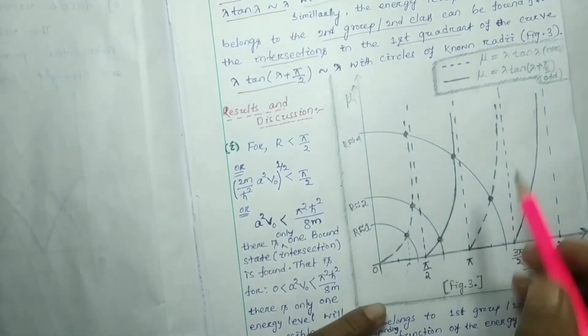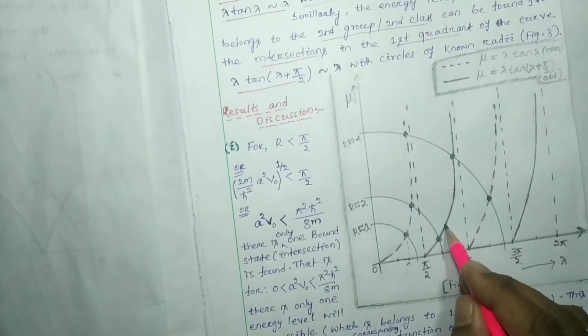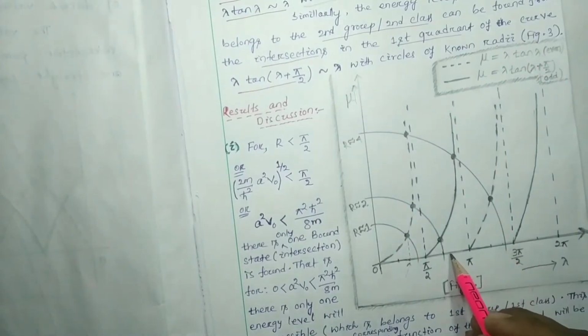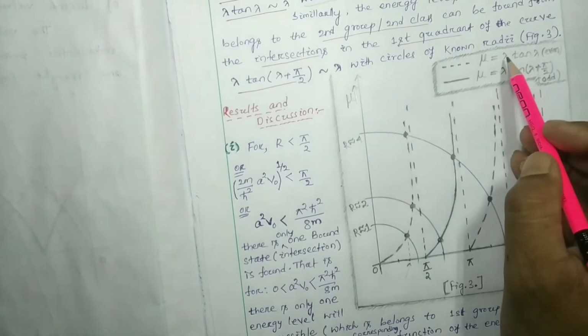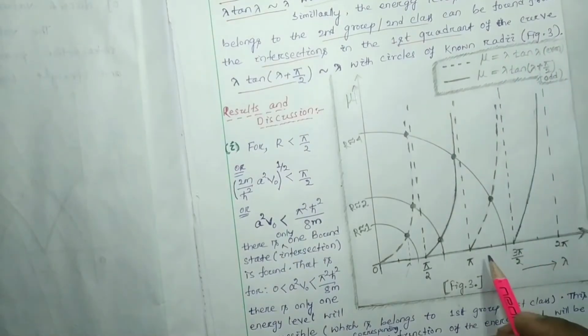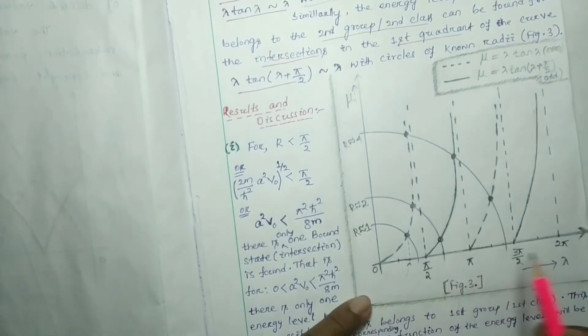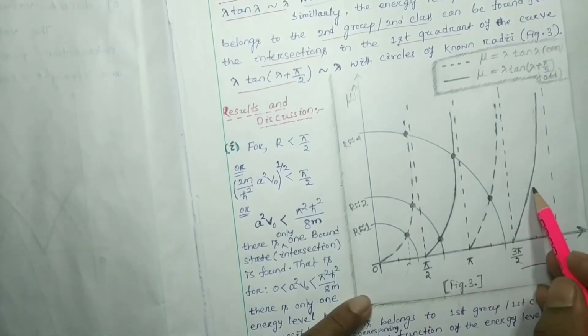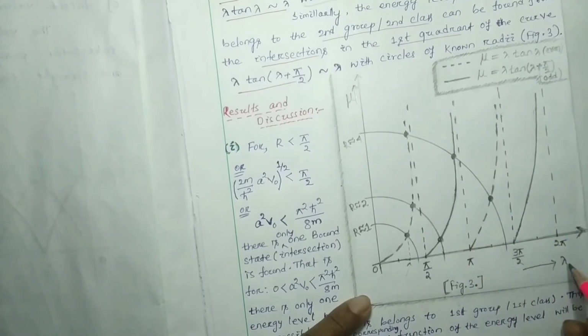But here, as lambda is multiplied, this magnitude is somewhat increased. Again this is 3 lambda by 4, 4 lambda, 5 lambda by 4; the magnitude should be the same as tan theta, but as it is multiplied with lambda, again it will be enhanced. With the increase of lambda, this value is going to be increased again and again, because lambda is also increased.